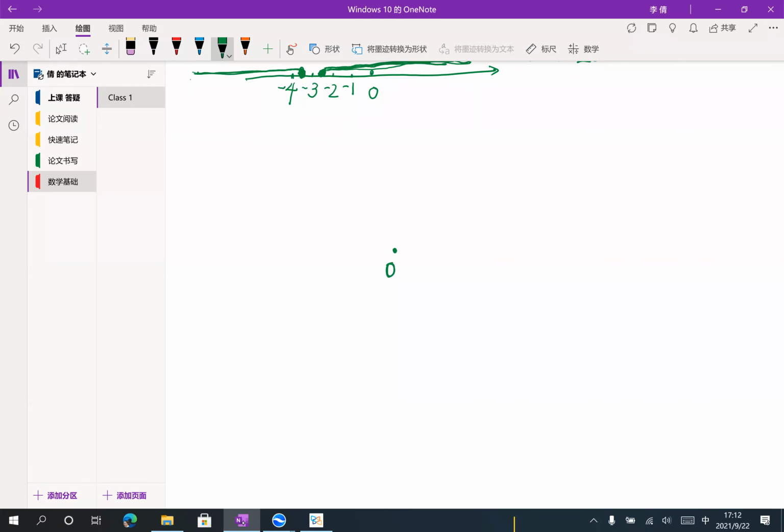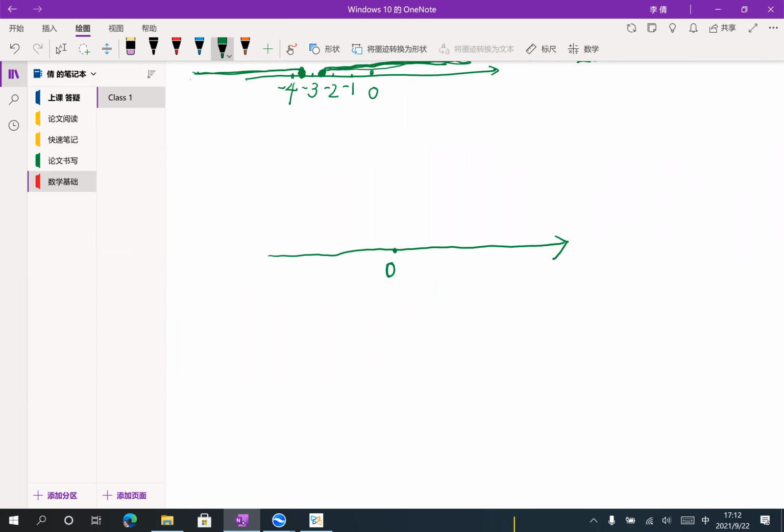And we draw two lines that intersect at this 0 point. First, we draw a horizontal line, and this line increases to the right.